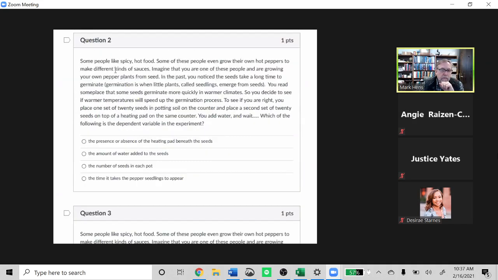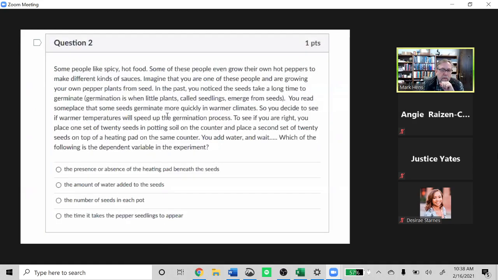Okay, so a little story here about growing hot peppers. Which of these is the dependent variable in this experiment? A, B, C, or D? D. So is it the number of seeds in each pot?